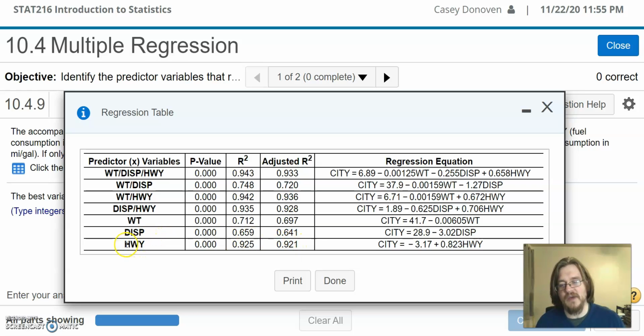So if we can get away with using fewer variables and we don't have to sacrifice any accuracy, we do so. So this bottom line here, using just the highway gas mileage, is the best predictor of the city gas mileage.